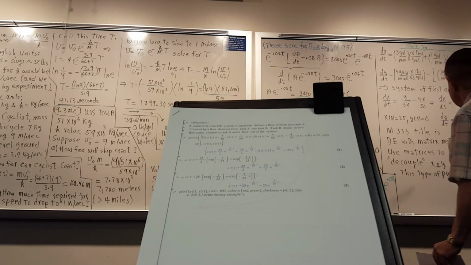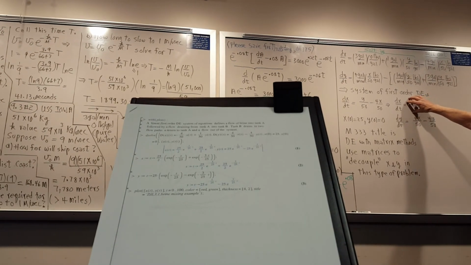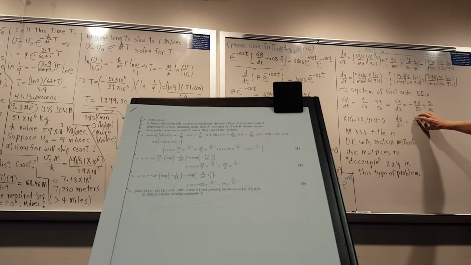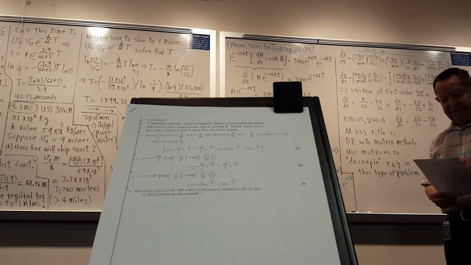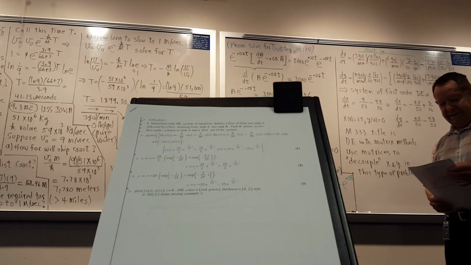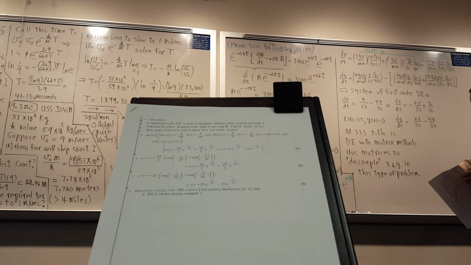So what I'm entering really is this differential equation and this one, and then the initial values. So D applied at x applied at t, that's this right here, equals minus 4 over 50 times x, that's this, plus 1 over 50 times y.